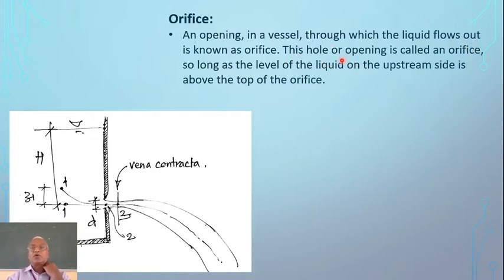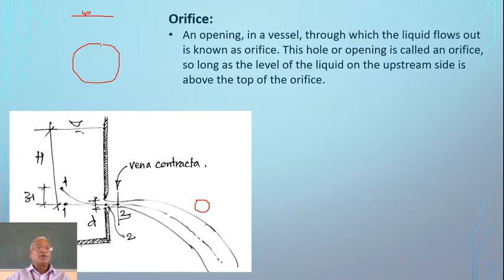This hole or opening is called an orifice so long as the level of the liquid on the upstream side is above the top of the orifice. Obviously, the liquid level has to be above this. If the liquid level comes below, it will not be an orifice, it will be a notch, right? If I exaggerate, the front opening has a dimension something like that, and water level is there, and the water will be ejecting out.